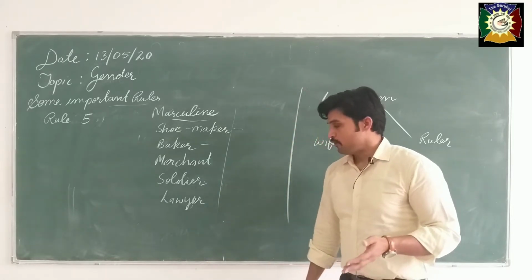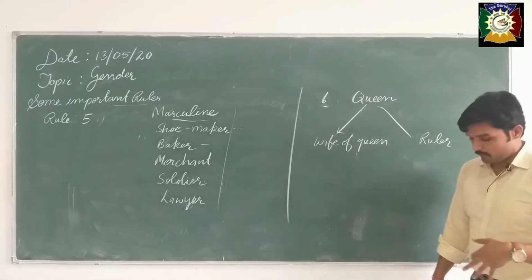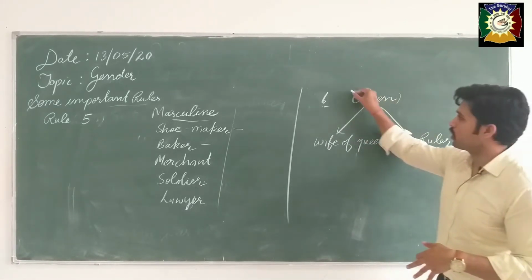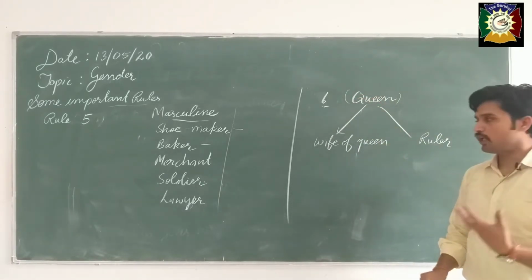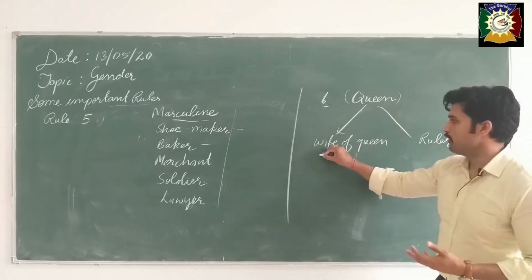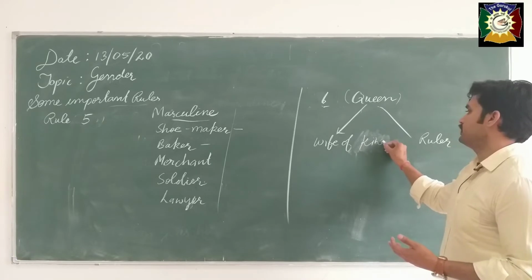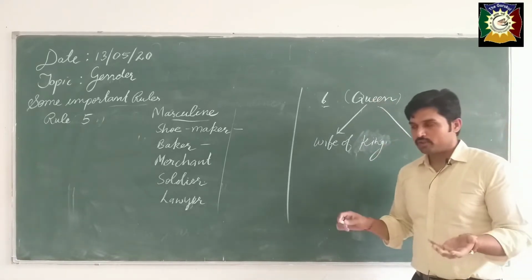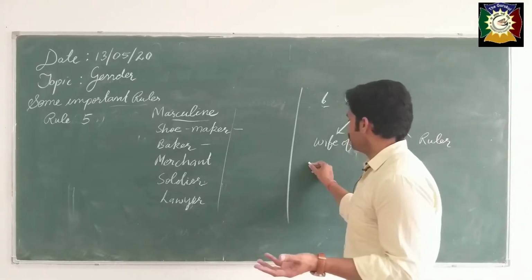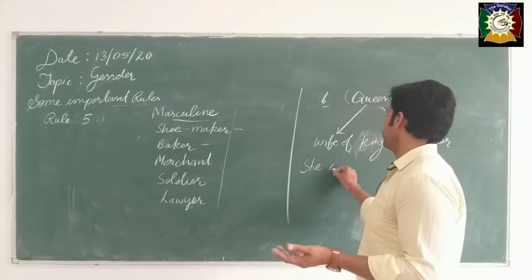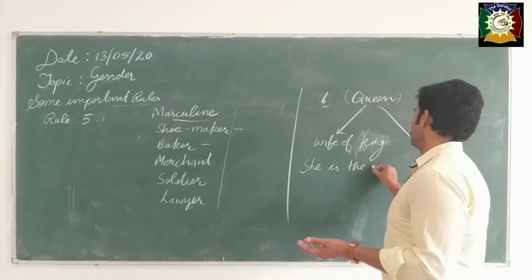Now moving on to the 6th number, which is related to the word queen. What do you mean by queen? Wife of a king is queen. For example, she is the queen.